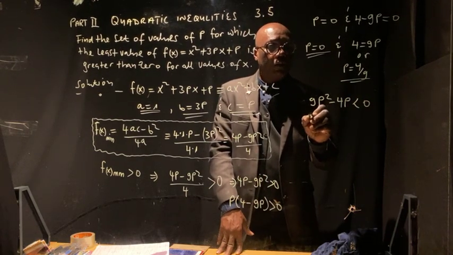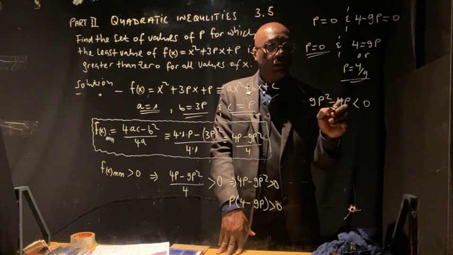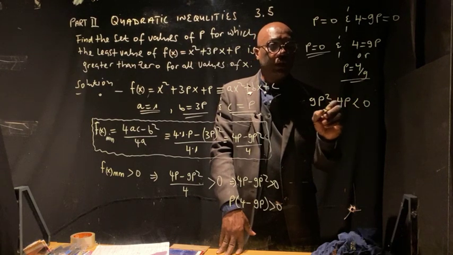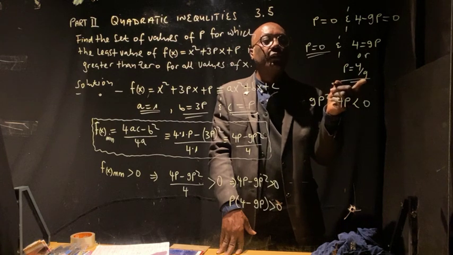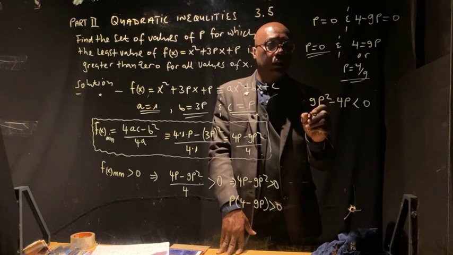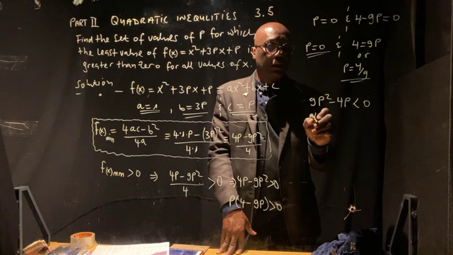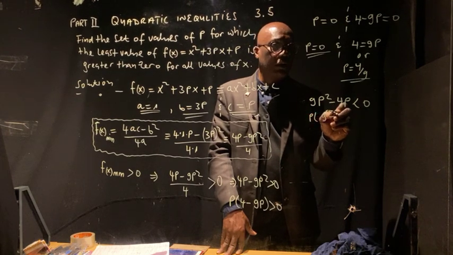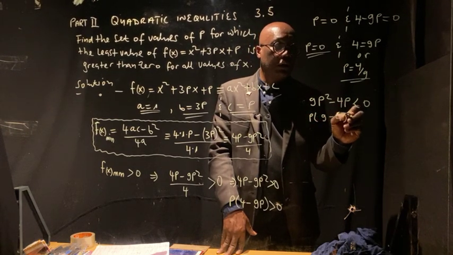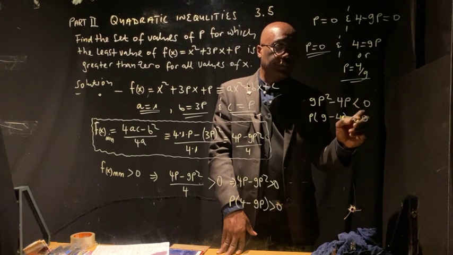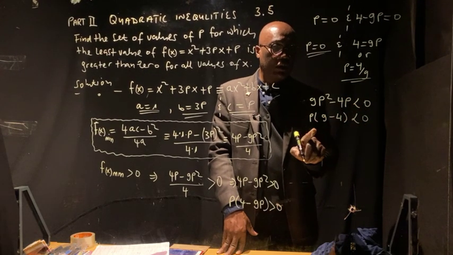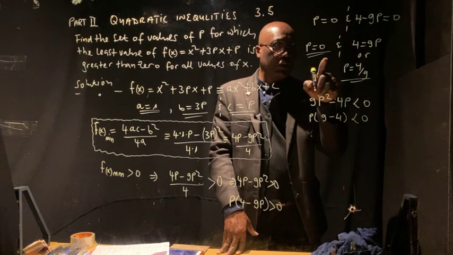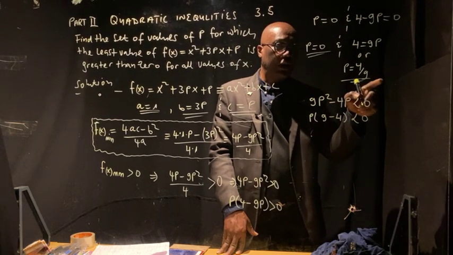And we will have, if we are trying to factorize p outside, which we have already done, but we are redoing it again. So we will have here p(9p minus 4) is less than 0, where the factors are p equal to 0 and p equals 4/9.